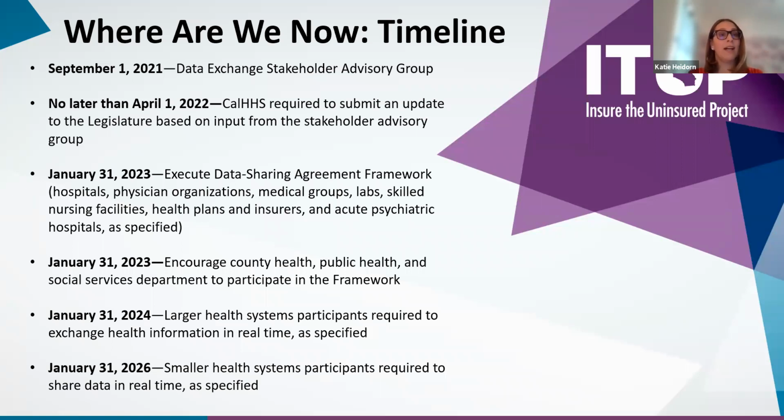So that work essentially has to be concluded so that it aligns with the budget process. No later than April 1st, 2022 is the agency going to have to report out on the conversations in the stakeholder advisory group. And then that framework really has to be in place by, as we said, July 1, 2022.